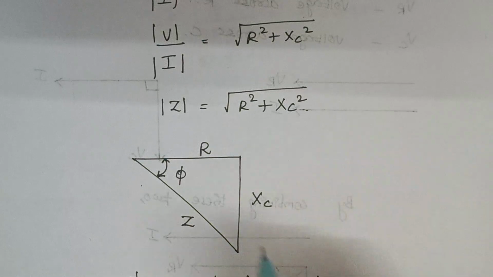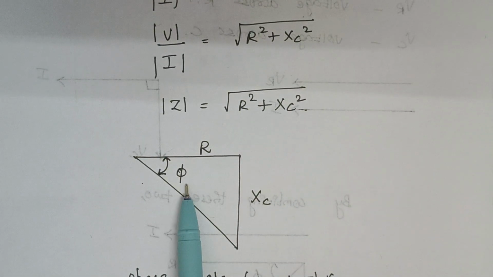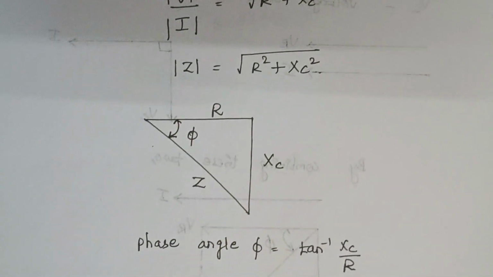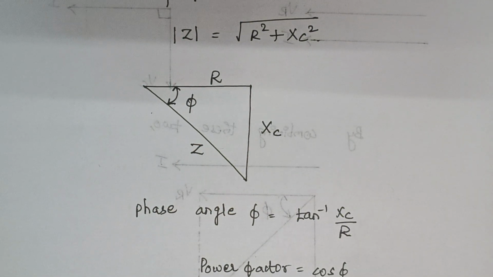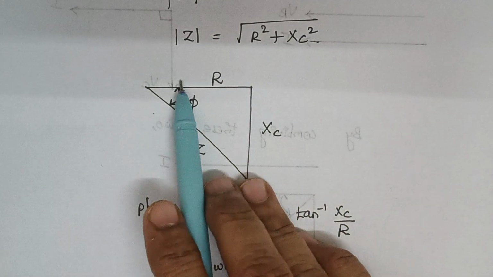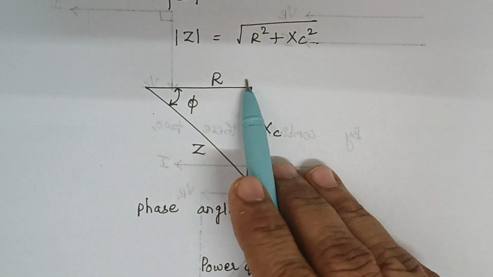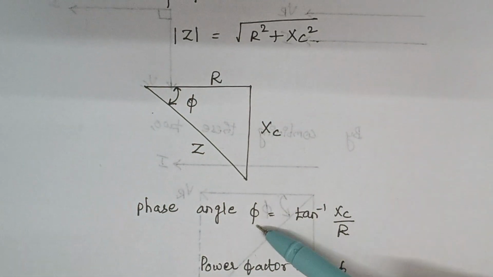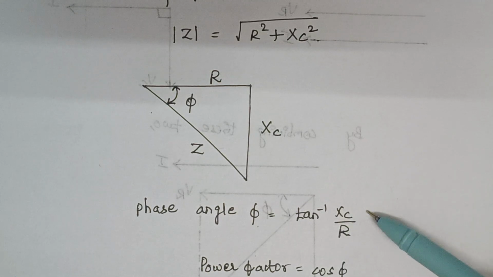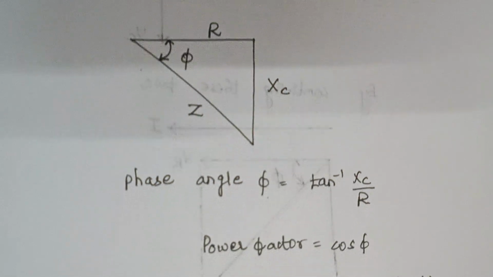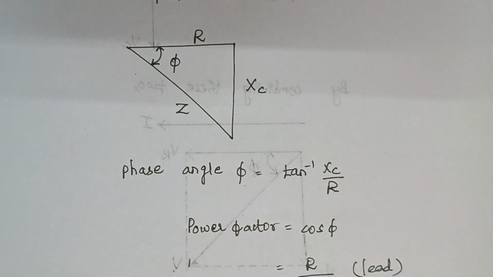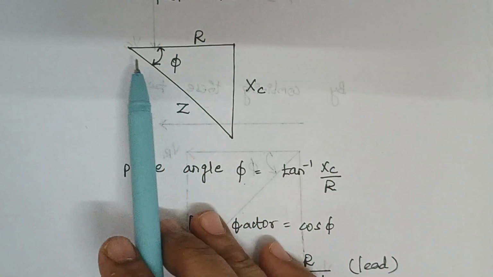Here this is your phi, that is the phase angle. This phase angle is given by tan phi. Tan phi is opposite by adjacent side. Here the opposite side is XC and the adjacent side is R. So phi is tan inverse of XC by R. And power factor is cos of phi.